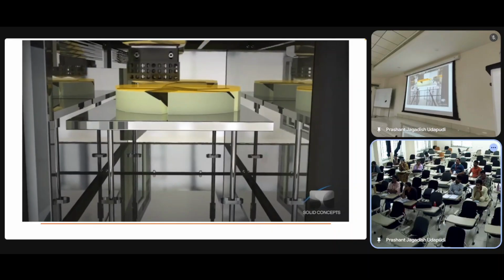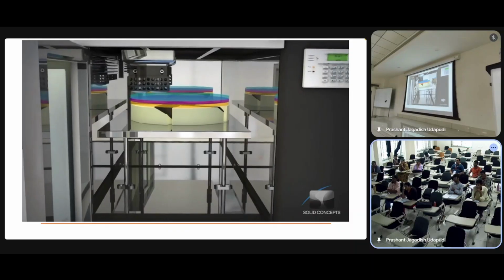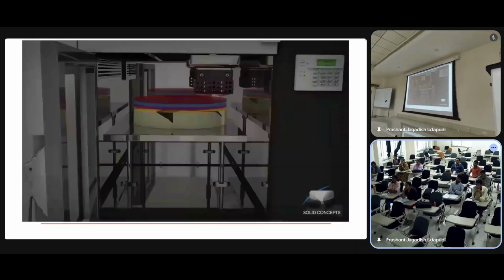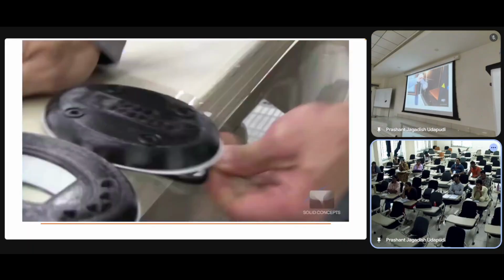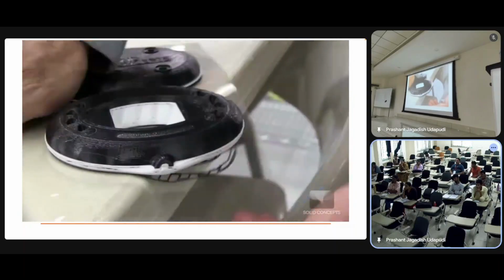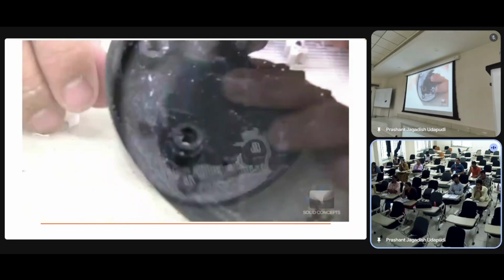While the build platform moves down, building the part layer by layer. The finished part is removed from the build platform and cleaned of its support material. Raw FDM parts have visible layer lines.